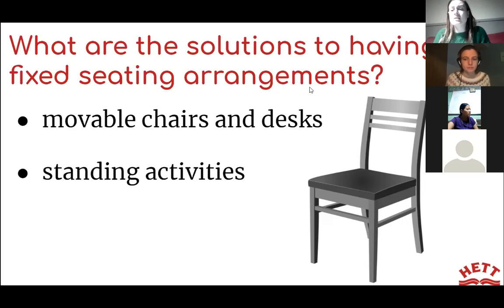Obviously, a possible solution is movable chairs and desks in the future. I know that you can't just replace your chairs and your desks, but maybe your university, if they have a little bit of a budget in some of their classrooms, can try and bring in cheap movable chairs and desks.